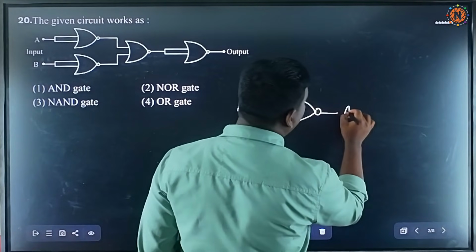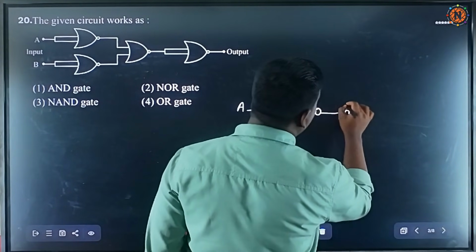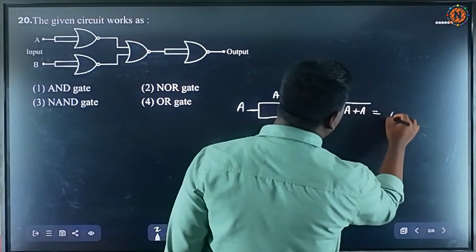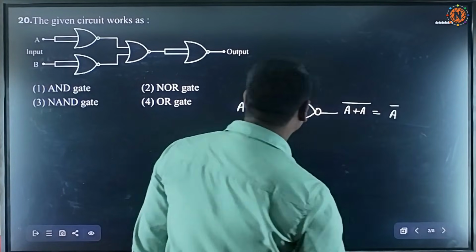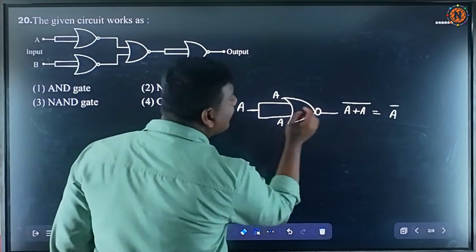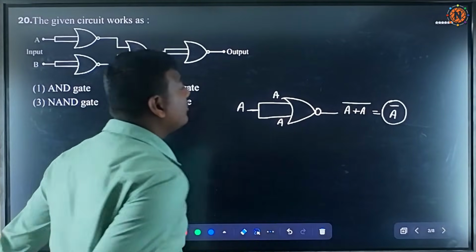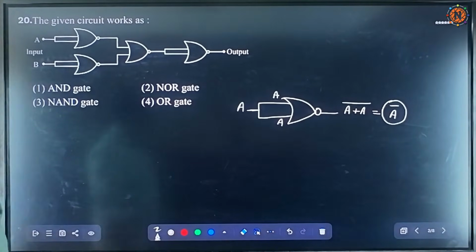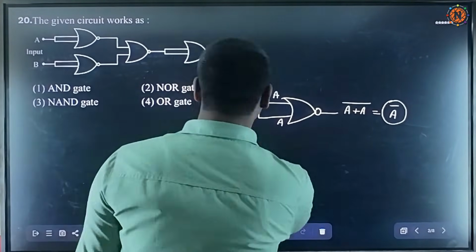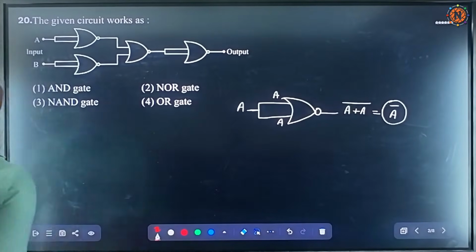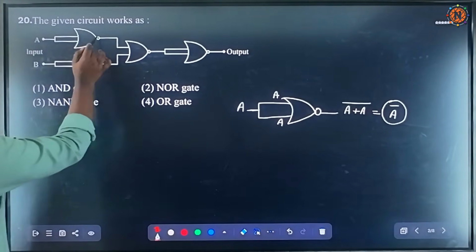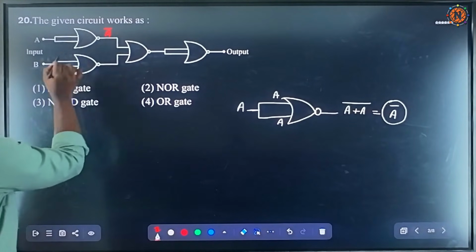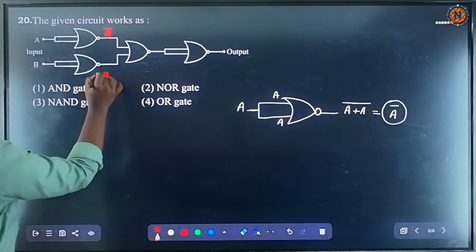That is (A plus A) whole bar, and A plus A means A, so the output is A bar. NOR is acting like an inverter when the same input is given. So here A is given, we get A bar, and here B is given, we get B bar.